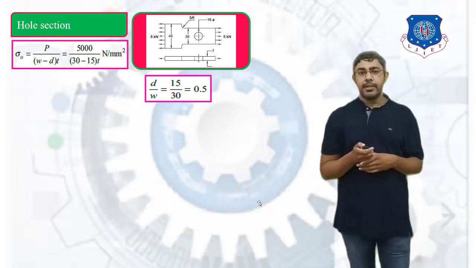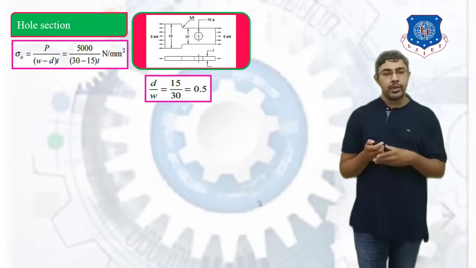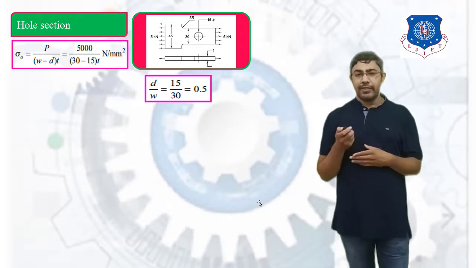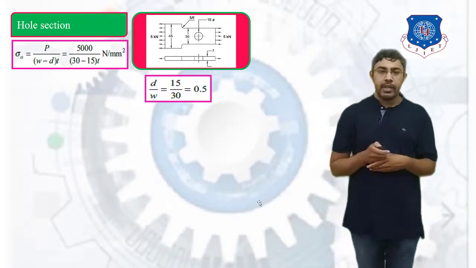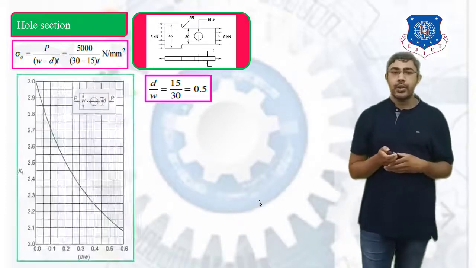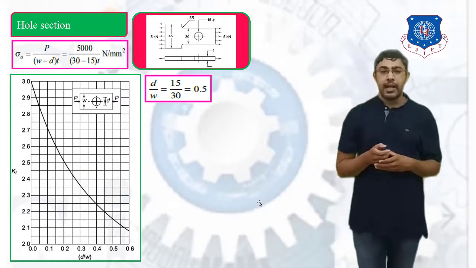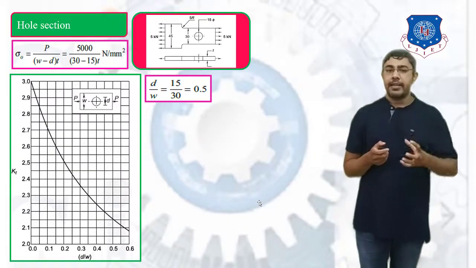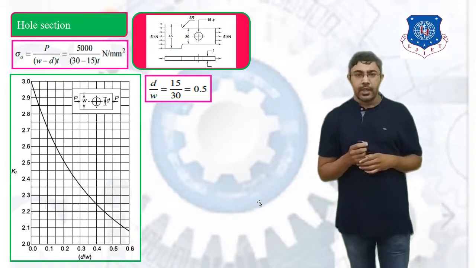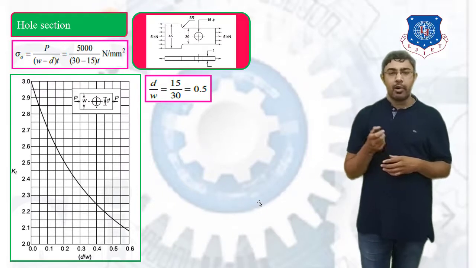In our configuration, d is 15 mm and W is 30 mm, so d by W is 0.5.